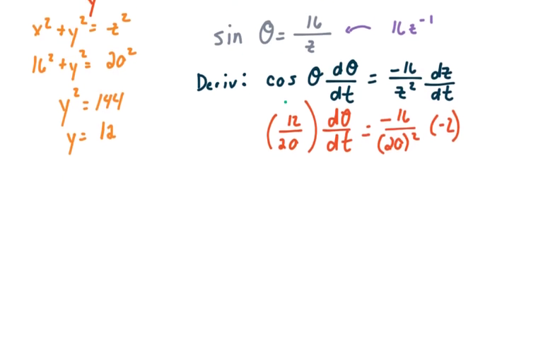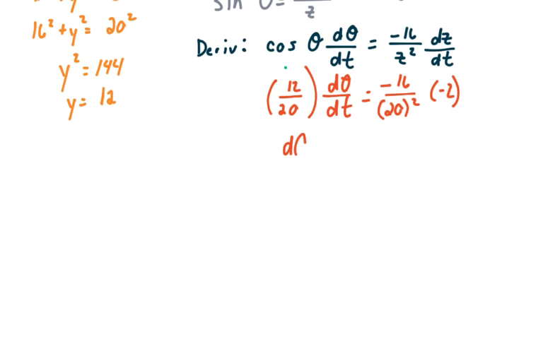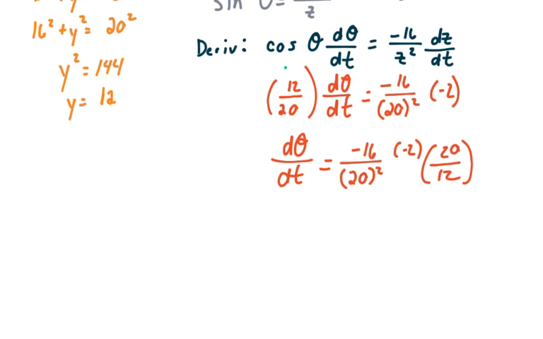Now remember I'm solving for d theta dt. So I want to know how fast that angle was moving. So I would be multiplying by the reciprocal. So I'd have negative 16 over 20 squared times negative 2 times 20 over 12. That's the reciprocal of this.